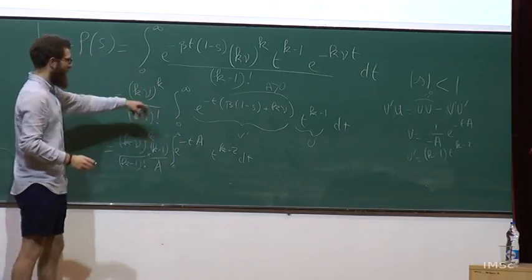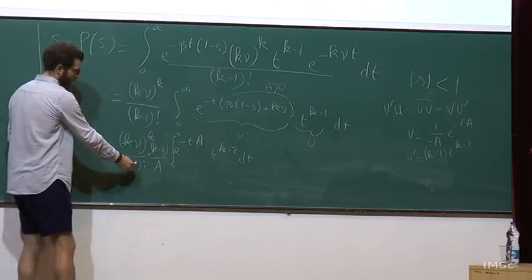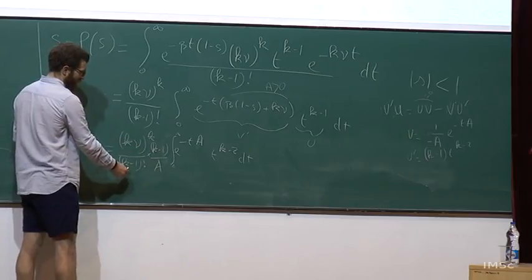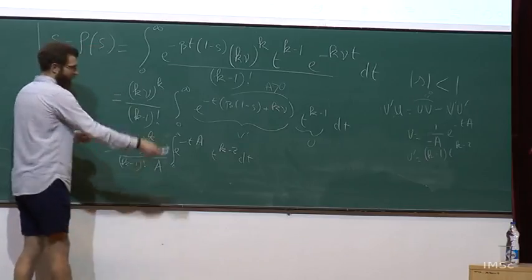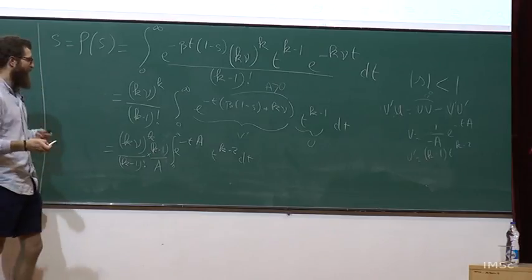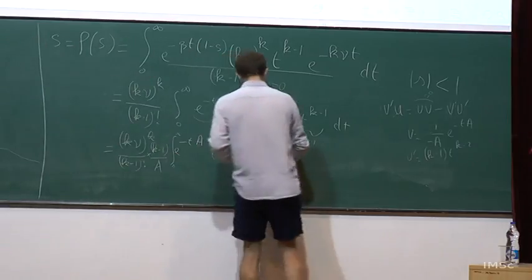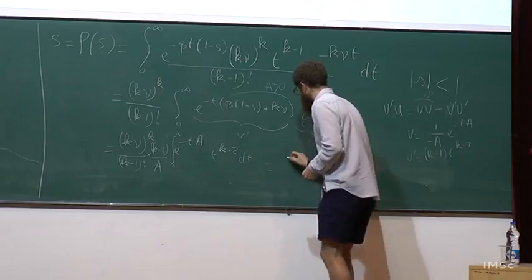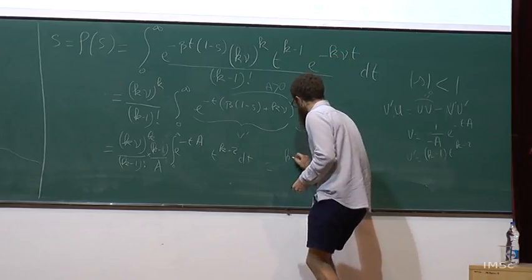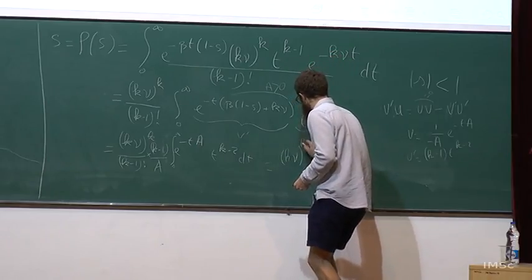So you have something that is very similar, but you see that the factorial here is going to become k minus 2. And if you do that again and again, k minus 1 times, what you obtain at the end is just k mu over k.